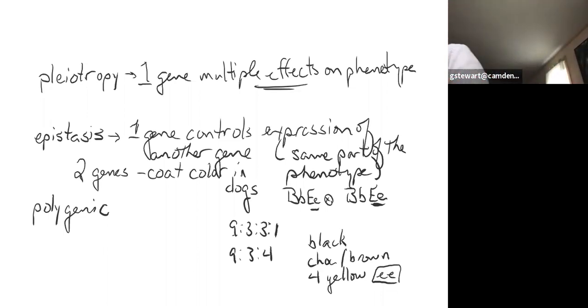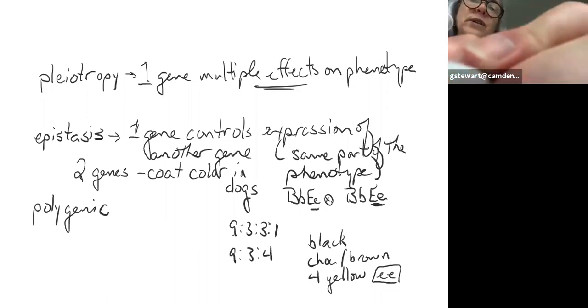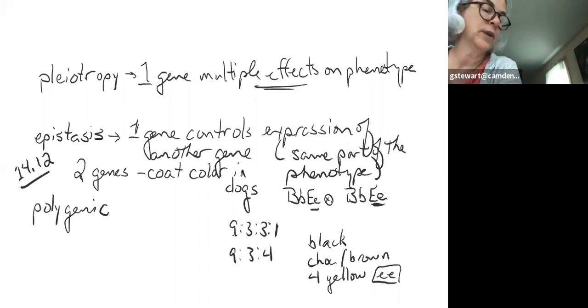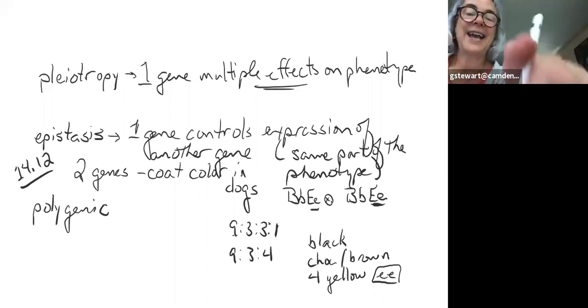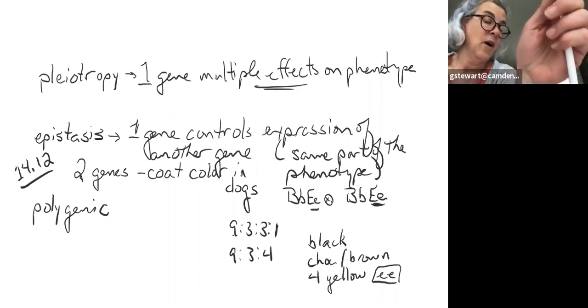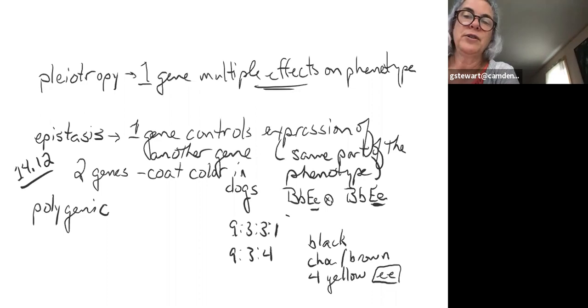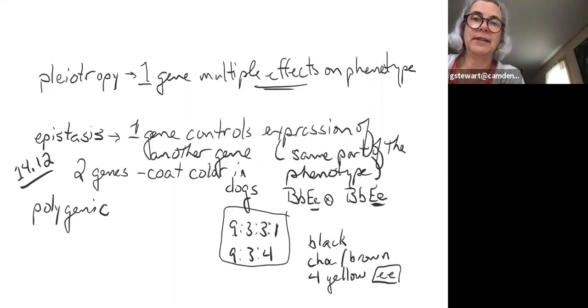And this is drawn out for you in figure 14.12 in your book. And you can look at it and read the example. I'm not going to ask you to solve a problem with epistasis. All I expect you to understand is to recognize this proportion and be able to recognize the definition of epistasis.